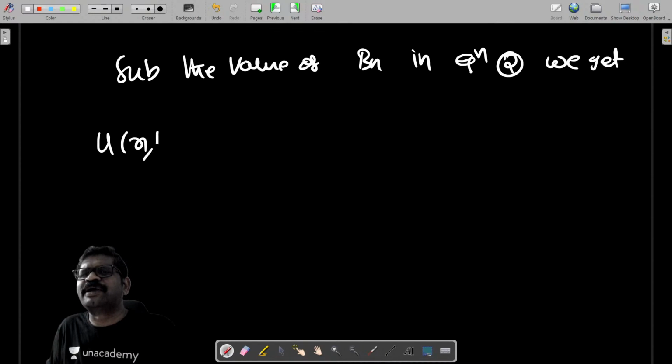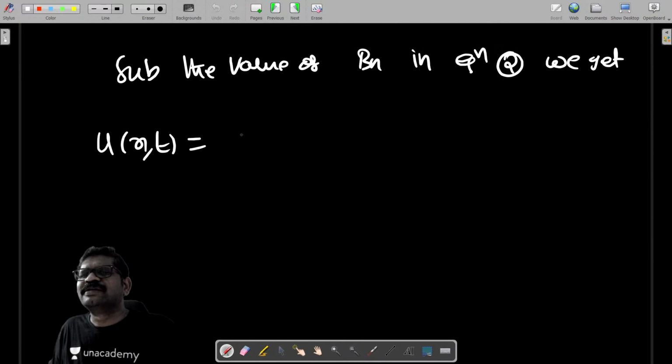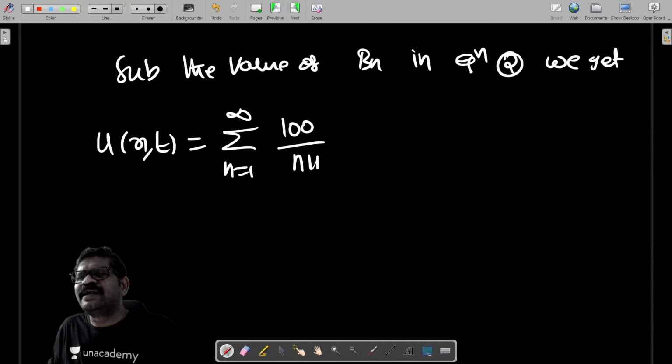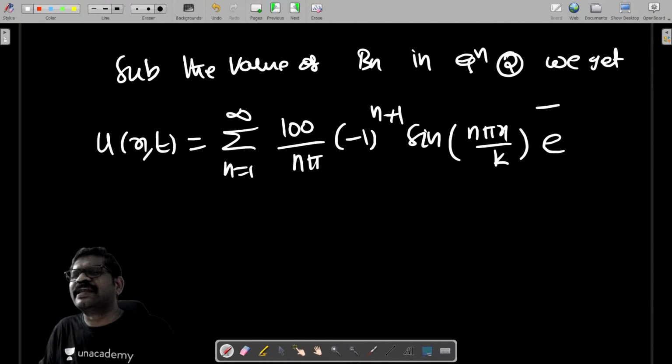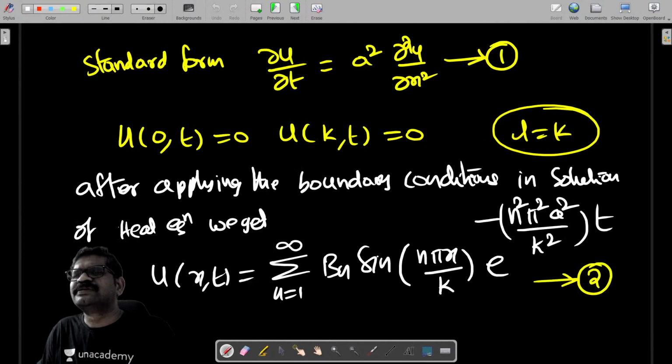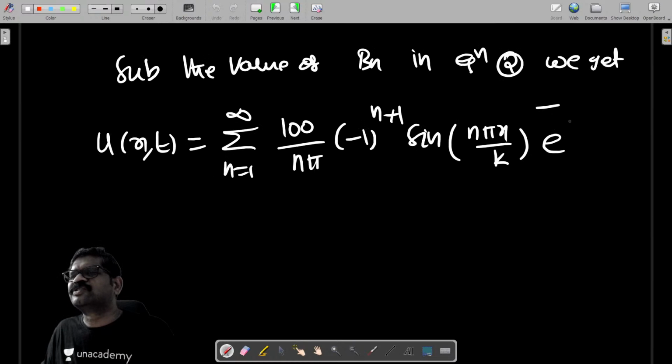U of x comma t equal to, what is the bn value? 100 by n pi, sigma n equal to 1 to infinity, 100 by n pi into (minus 1)^n plus 1, sin n pi x by k, e power minus, observe here, n square pi square a square by k square into t.